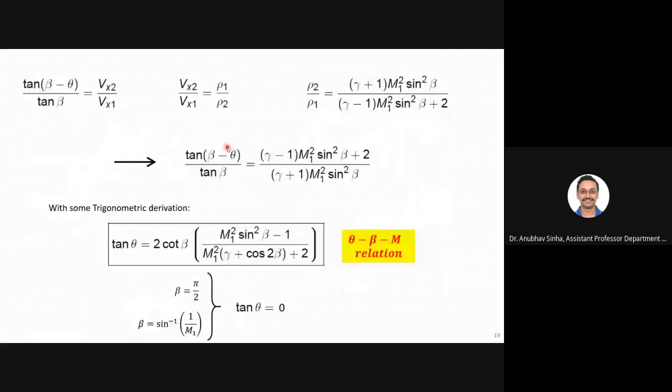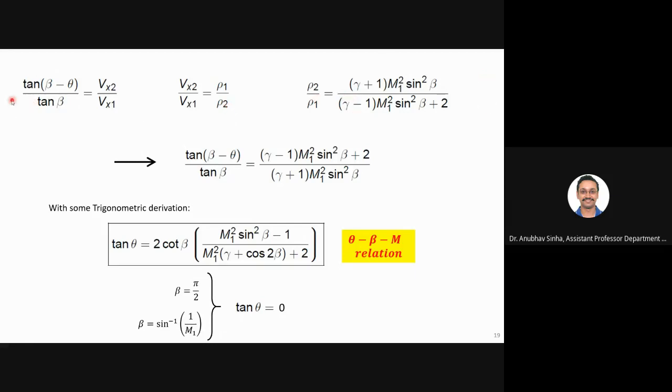Anyway, this tan(beta minus theta) is what we have in the last slide. Now Vx2 by Vx1 is basically the density ratio, and the density ratio is what we have obtained from the normal shock relation, replacing M1 by M1 sin beta. So we can say this tan term is equal to the velocity ratio, which is equal to the density ratio, and the density ratio is equal to this term.